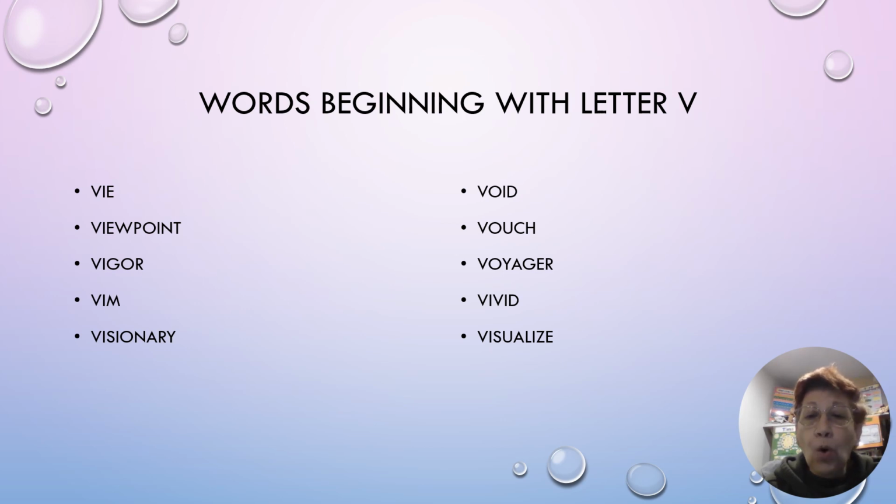Next word is void. Void is like the emptiness, right? Or an invalid kind of a thing. So, like if we void a check, if we write a check but we wrote it incorrectly, we don't want someone to use it. So we're going to void the check. So maybe you'll scribble on it. You'll take a magic marker and scratch out your name, right?